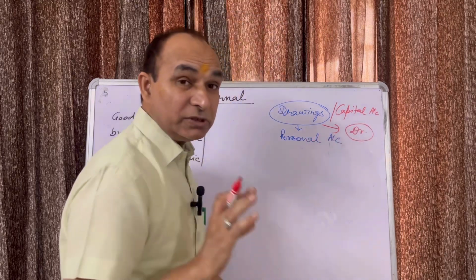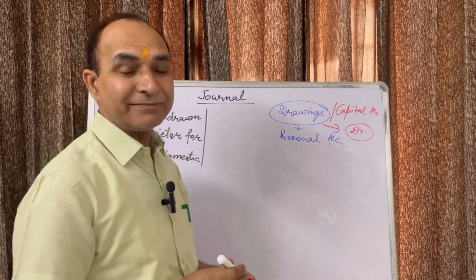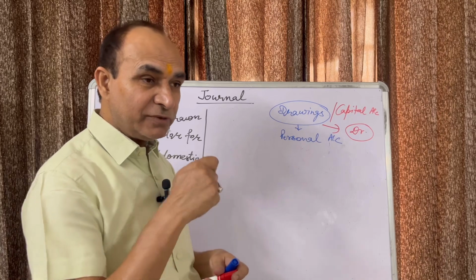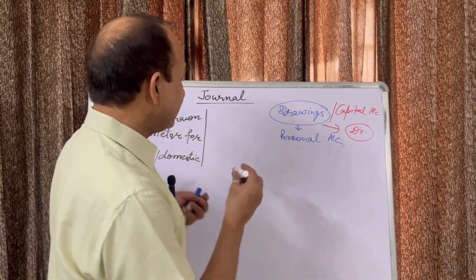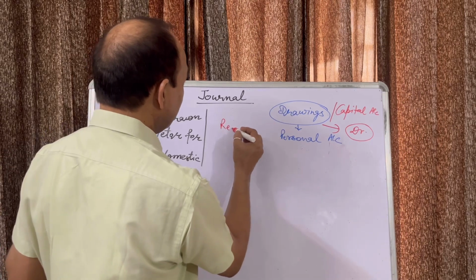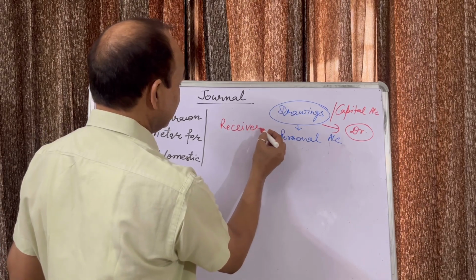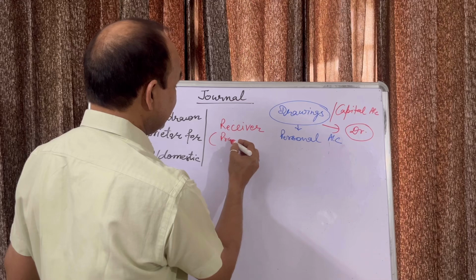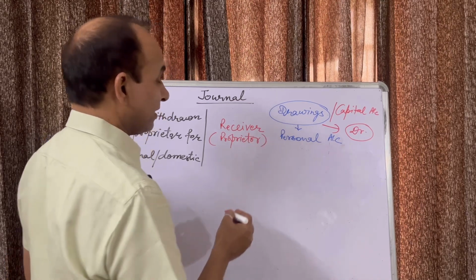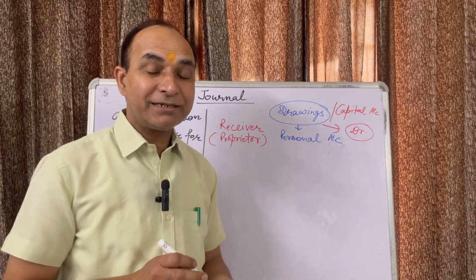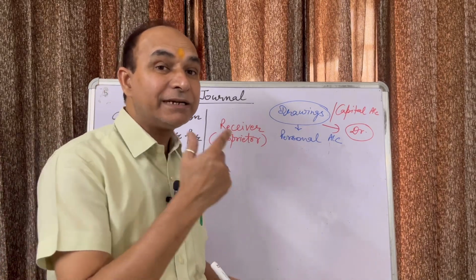I repeat, you need to understand the basic reason. The proprietor withdrew the goods. So what is the position of the proprietor? The position of receiver. The proprietor is receiving something from the business. What is that? Goods. And what is the rule of debit and credit? Debit the receiver, credit the giver.